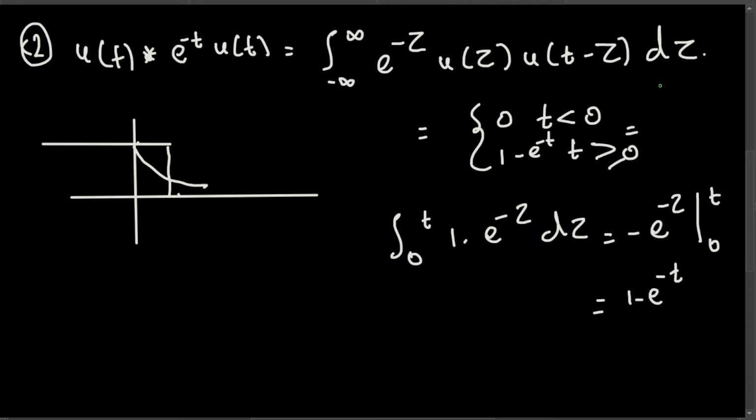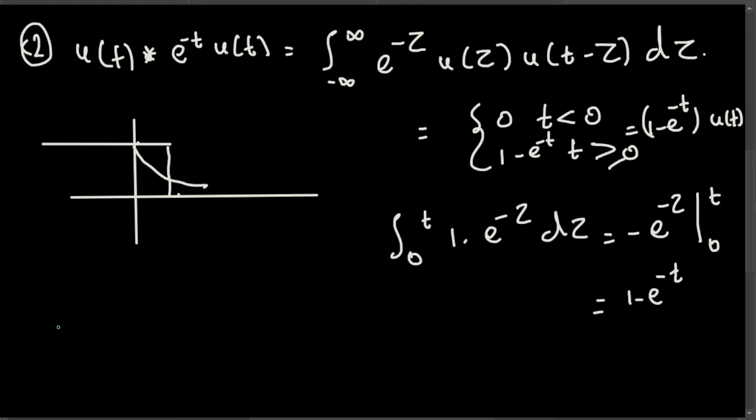So we can also write this as 1 minus e power negative t times u of t, because u of t is only activated at 0 and after. This is equivalent because when t is less than 0 that is 0, and when t is greater than or equal to 0, that is this one. When you multiply by the unit step function, this gives you this whole thing.